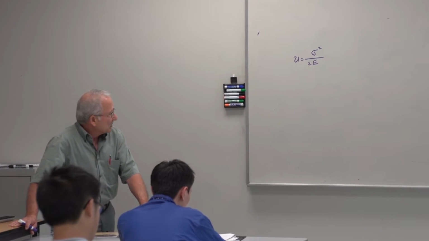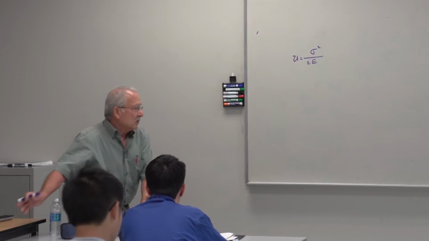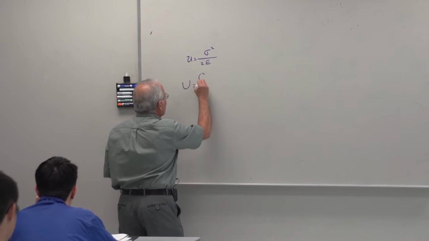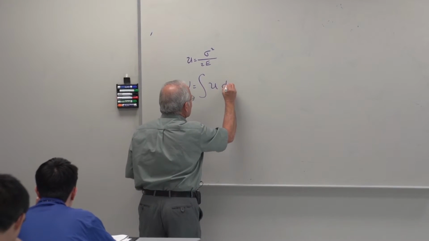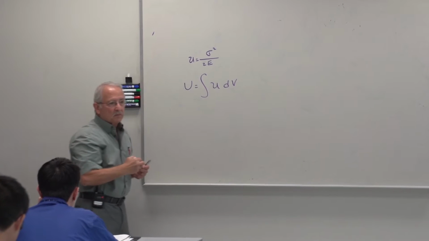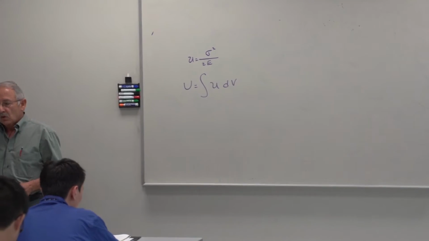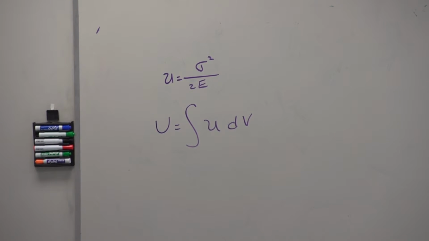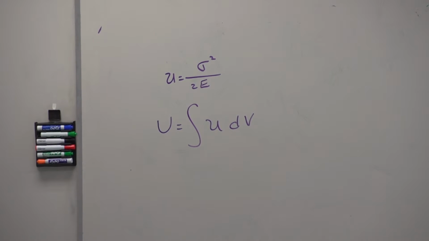So for normal stresses, that's what we had. And then we said that U, the total strain energy, is the integral of u dV. Strain energy density, that means strain energy per unit volume, times a differential element of volume, and if you integrate that over the whole body, you'll get the total strain energy.